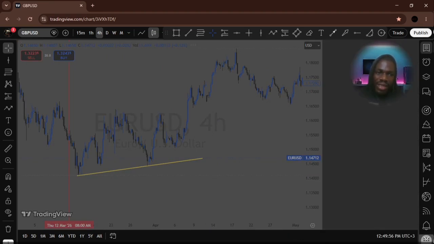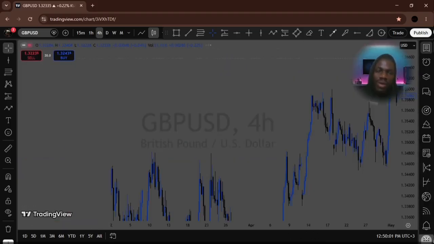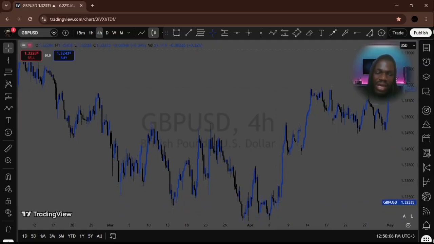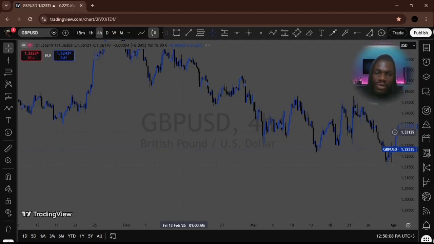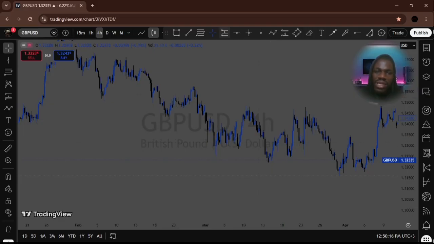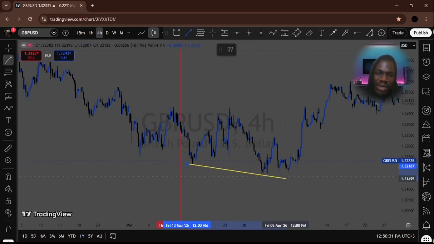What happened? We may see that on this one prices were making lower lows, but again another one may have failed. So on the 12th of March, what happened? Around this point here, when this occurs, it shows that there is a possible strong market reversal.